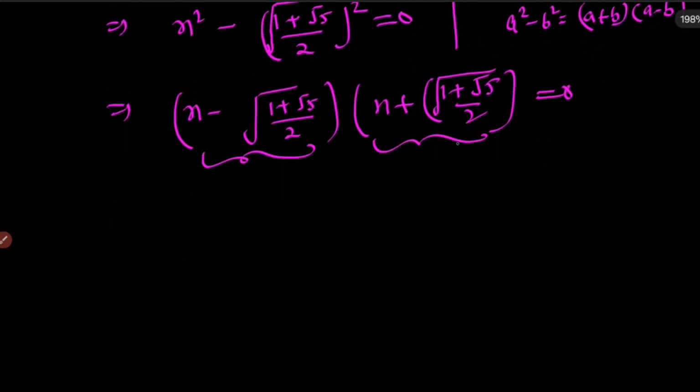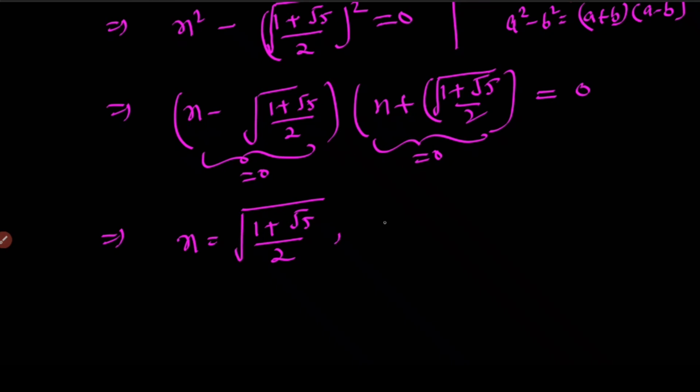Now these brackets must be individually 0 to satisfy the condition. This must be equal to 0, this must be equal to 0, which means n can be either the root of 1 plus root 5 by 2, or minus the root of 1 plus root 5 by 2.